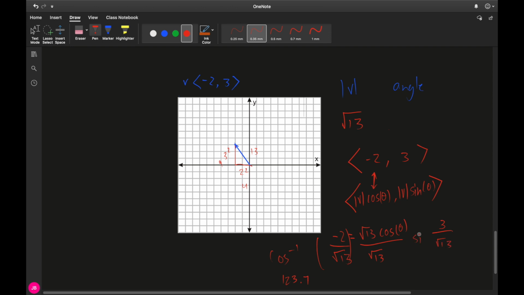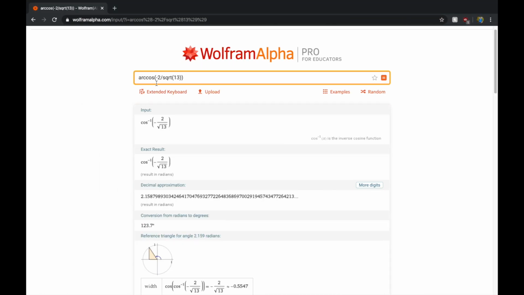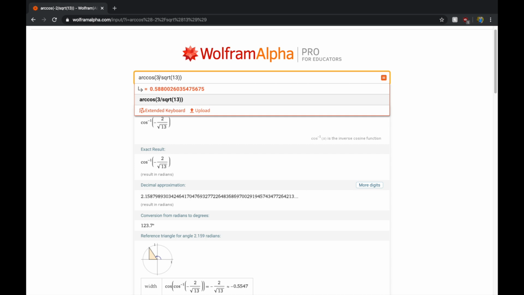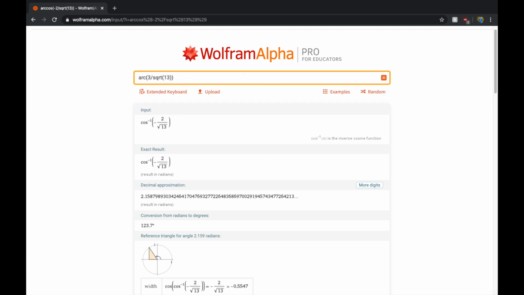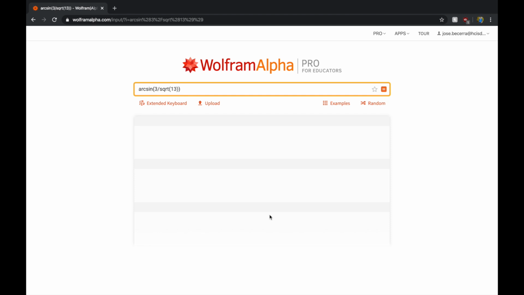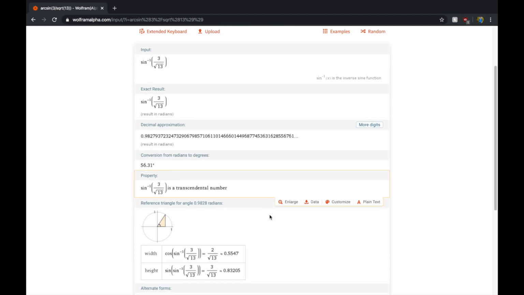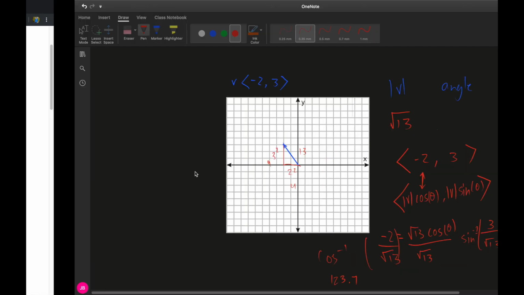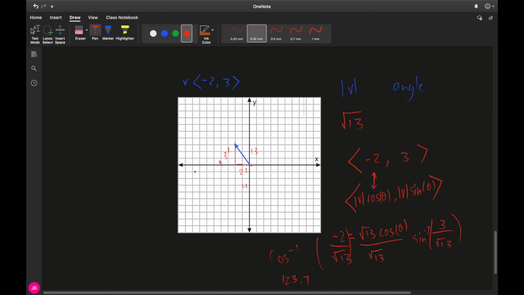So I'm looking for the inverse sine of 3 over the square root of 13. Now it's a positive 3 over the square root of 13, and we're using inverse sine. And inverse sine is giving me 56.31. So check out what happened.